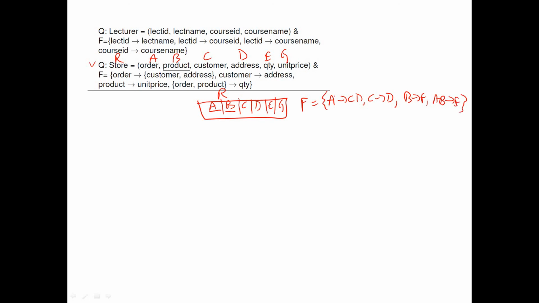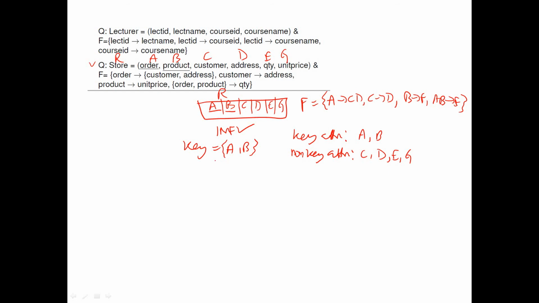Okay. So is it present in 1NF? Yes, it is present in 1NF because the schema is given. So here my key is AB. The key attributes are A and B. The non-key attributes are C, D, E, G. Now I'll check whether it is present in the 2NF or not.